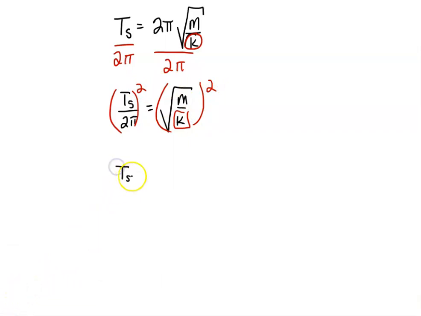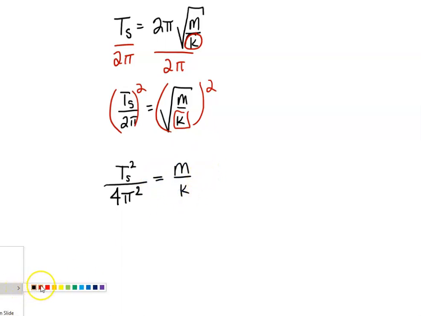So we have t sub s squared divided by, now 2 squared is 4. And since that's just a number, just go ahead and write it. And then pi, we don't really want to multiply that out, so we're just going to do that as pi squared. And that's going to be equal to m divided by k. So now our k is finally accessible.